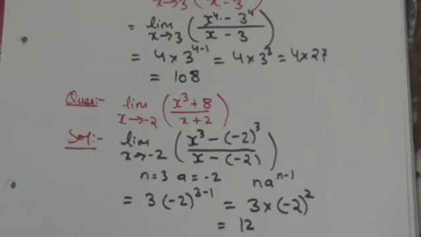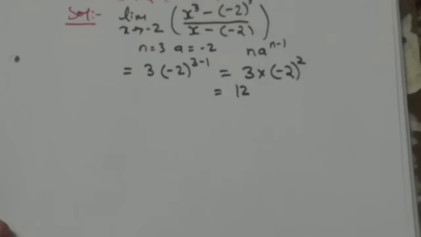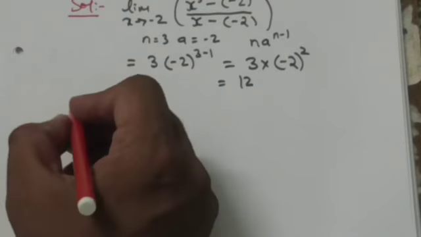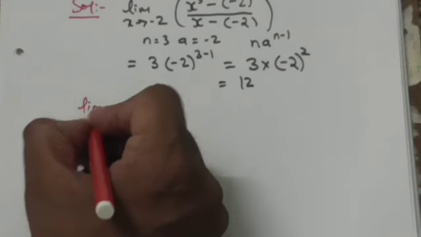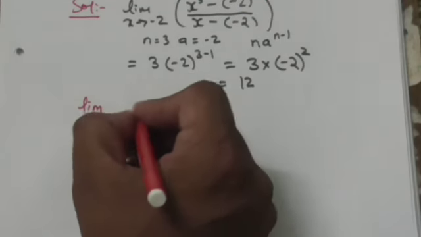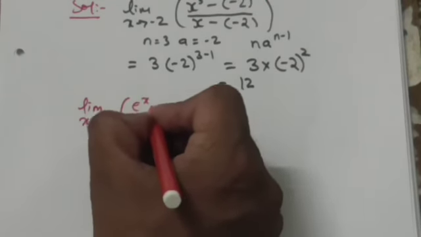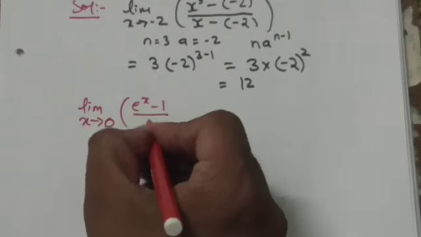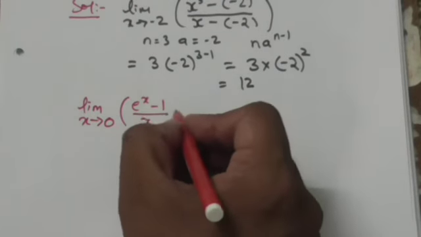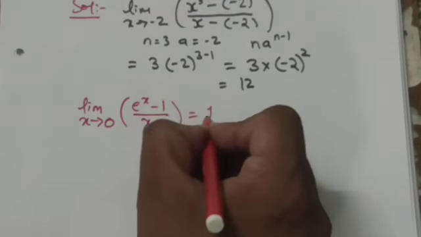So in this way, there are some more theorems also which are very helpful for us to solve the problems related to limits. Let us see them. Another theorem is limit x tends to 0, e raised to power x minus 1 upon x, is equal to 1.